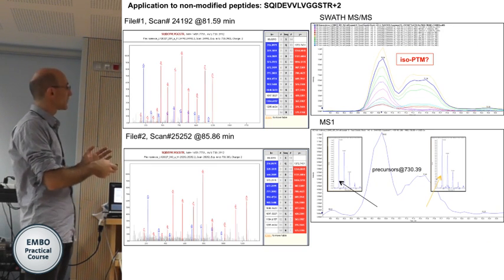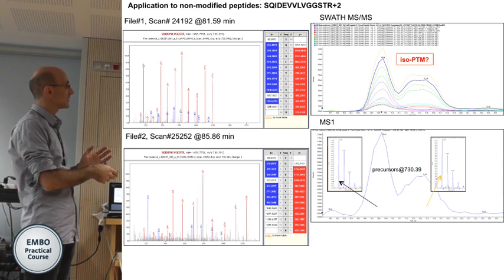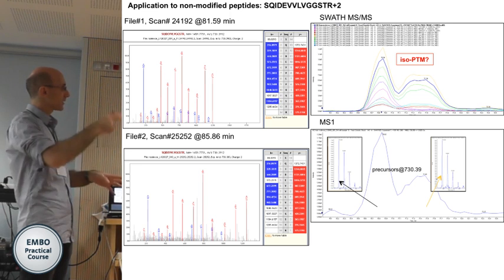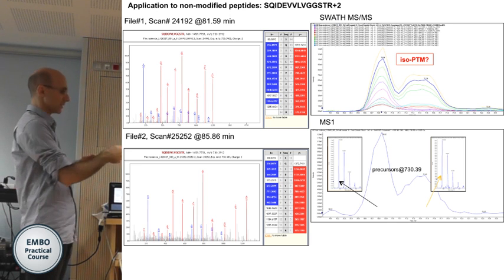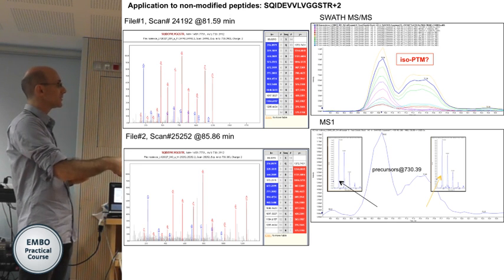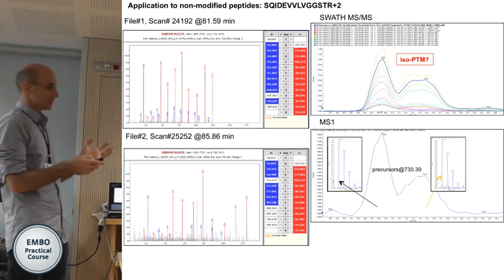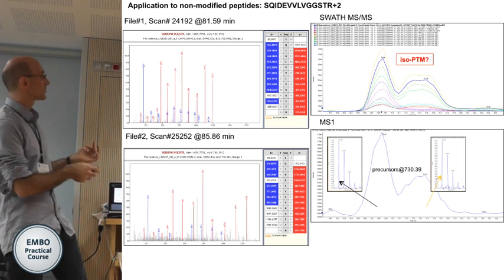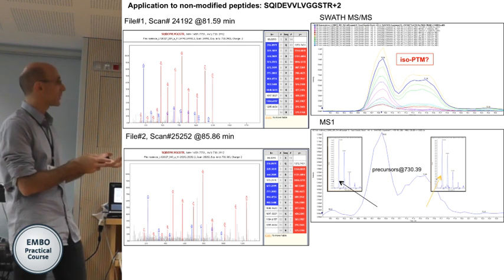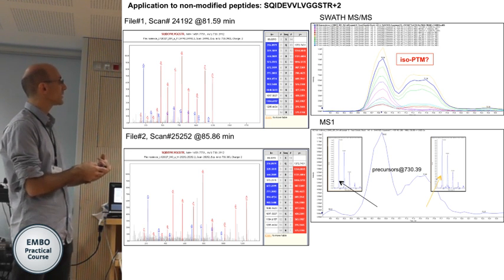But sometimes you actually have even weirder species, where you see that it's actually different fragmentation. So we actually have transitions crossing each other inside the collision cell, so these are obviously different species. And this is something that you see a lot now in SWATH when you look into your data closely.